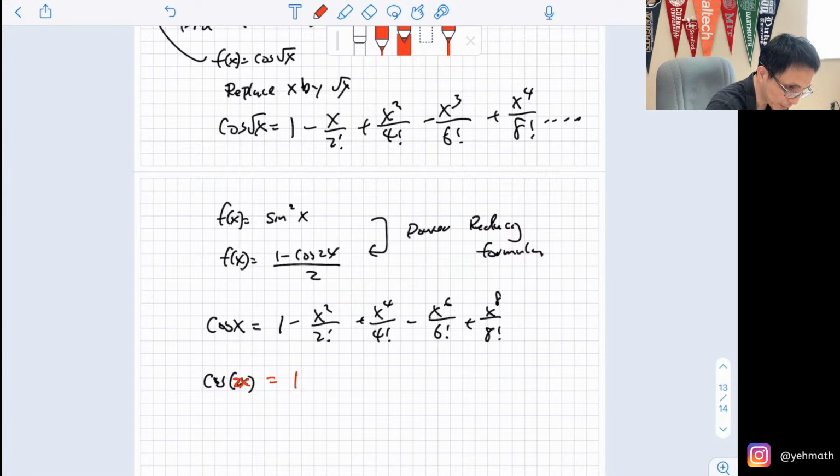So here it's going to be 1 minus 2x, that means 2 squared, right? x squared over 2 factorial.